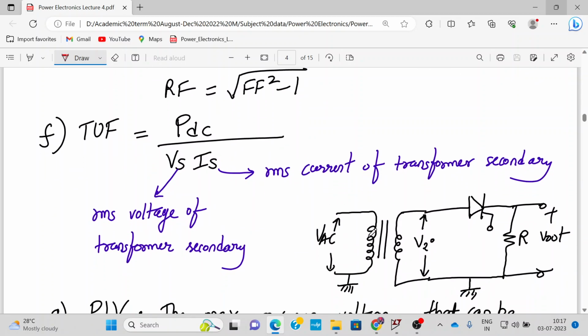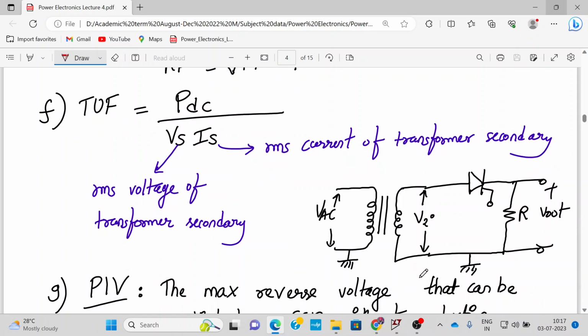Now, if we use a transformer, which will be a step down transformer, then we have to calculate the transformer utilization factor. Basically it is PDC, or P out average, divided by VS into IS. VS is the RMS value of the secondary voltage. Let's say this is around 1000 volt, and at the secondary we get around 200.